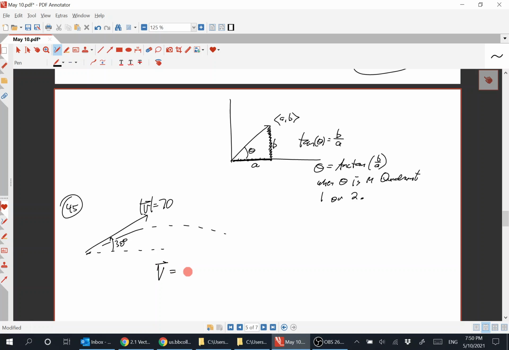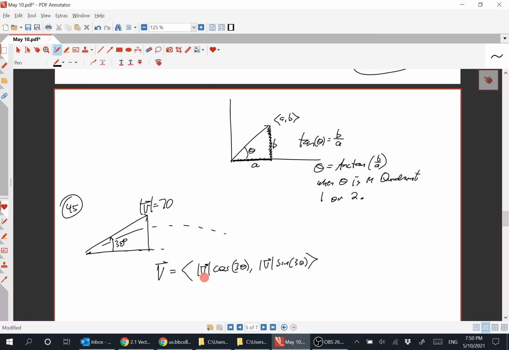So what are the components of the velocity vector? Well, it's the length of v cosine of 30, the length of v sine of 30. Same as before. You're using that right triangle that exists right here. This is the angle 30. The adjacent side of the angle is given by the cosine, and the opposite side is given by the sine. That whole SOHCAHTOA mnemonic, right?